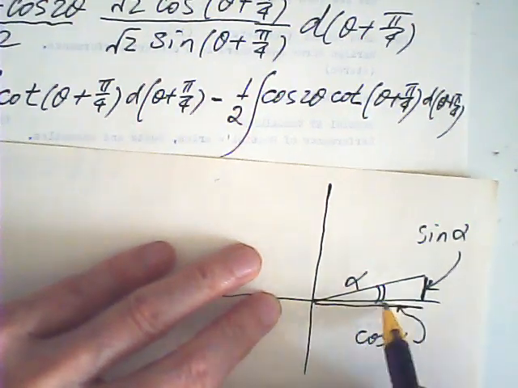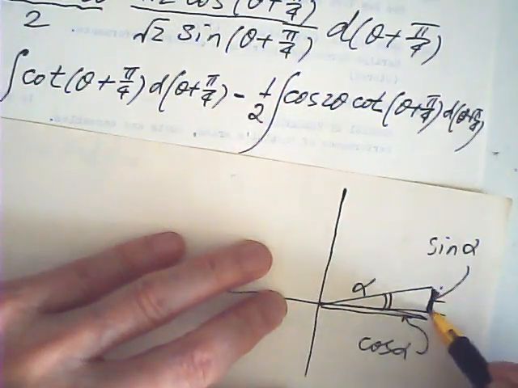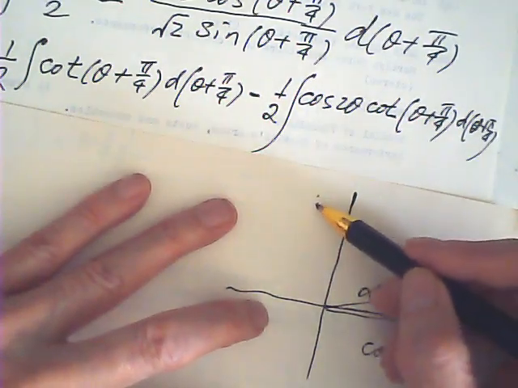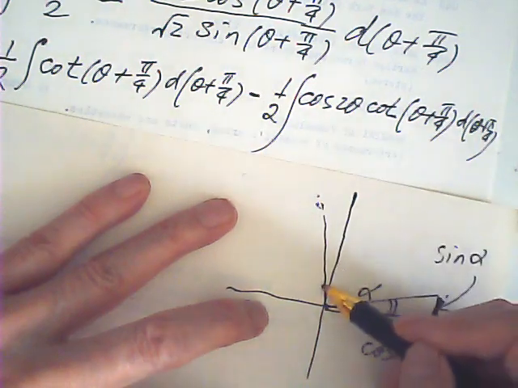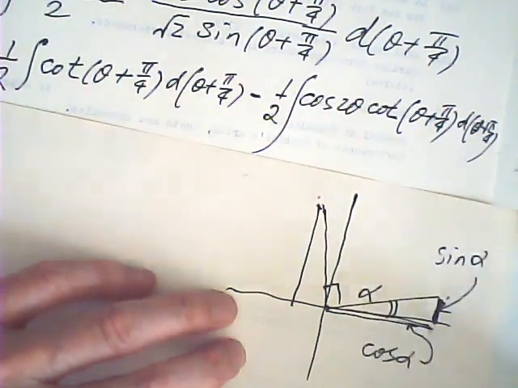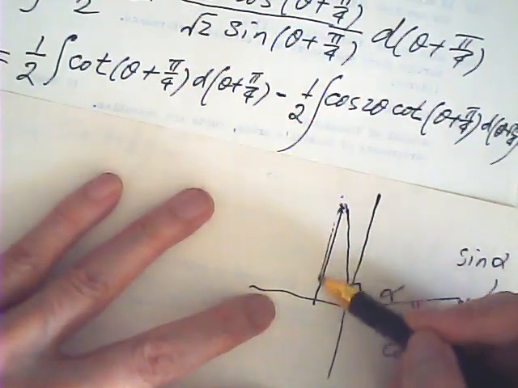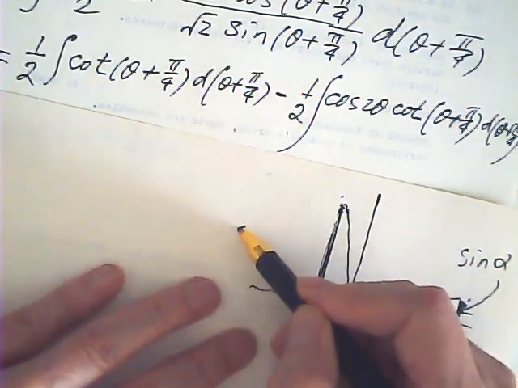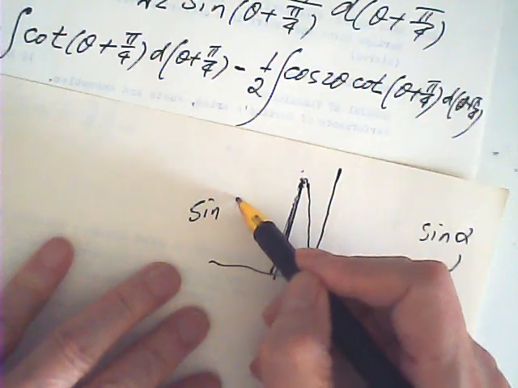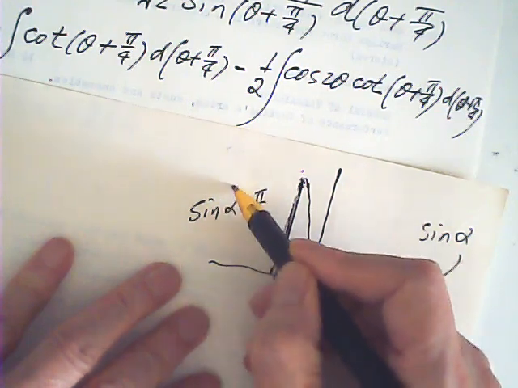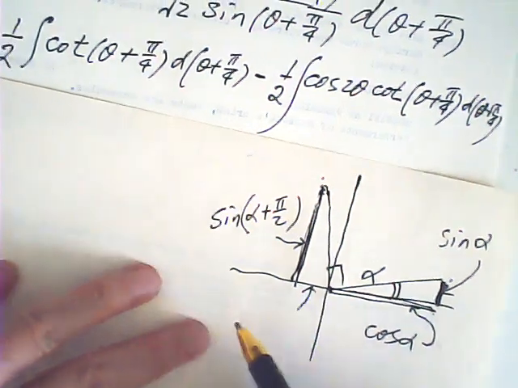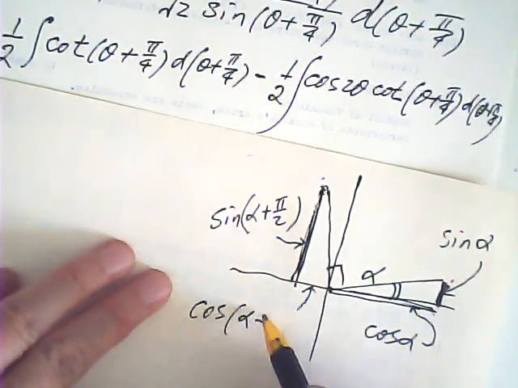This length is sine alpha. Now, when you increase by half pi, this is half pi, right? Then this length is sine of alpha plus half pi, and this length is cosine of alpha plus half pi.